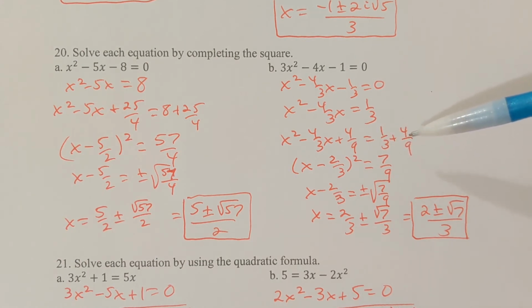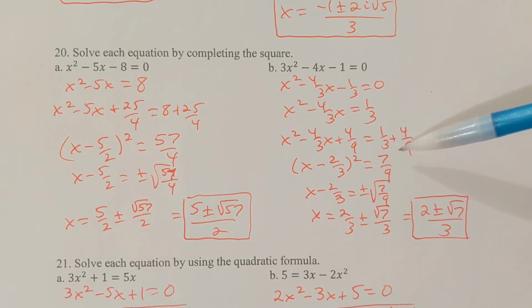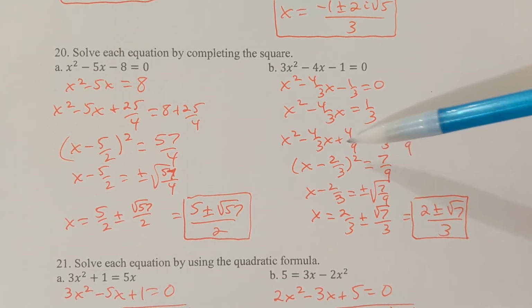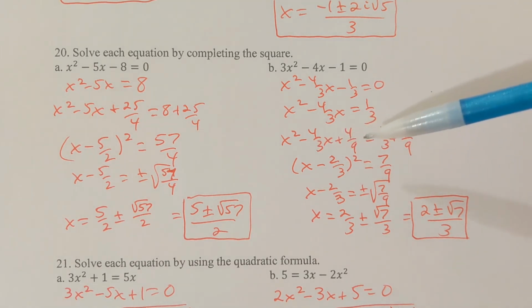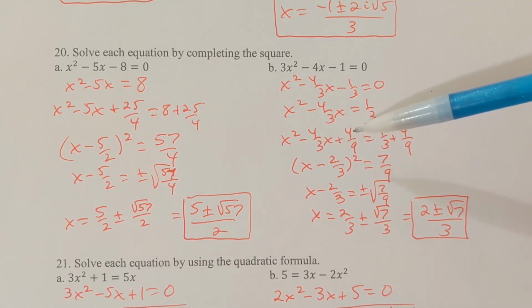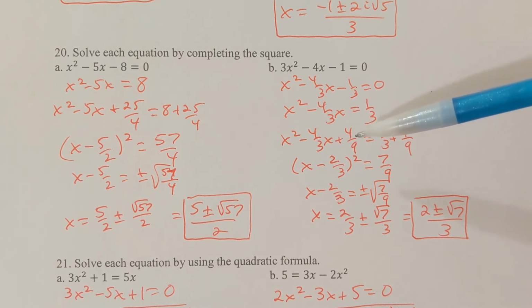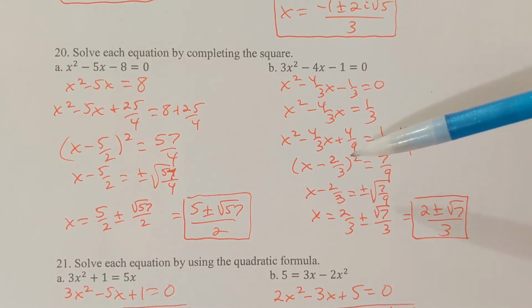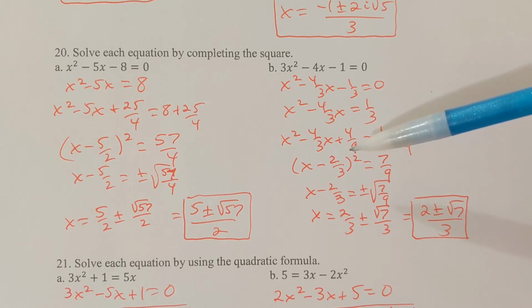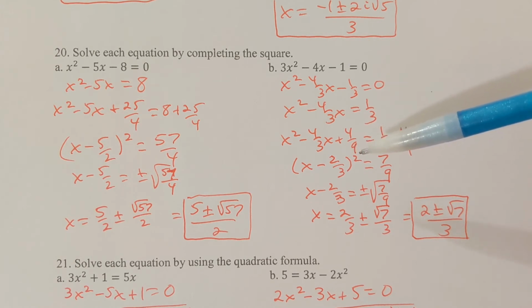1/3 plus 4/9 is the same as 3/9 plus 4/9, that's 7/9. Over here, x squared minus 4/3 x plus 4/9 factors, and the factors are the same. That will always happen, by the way.